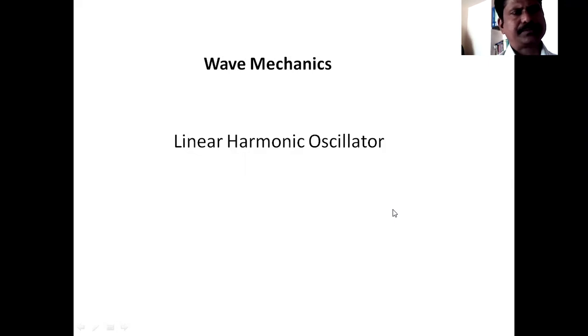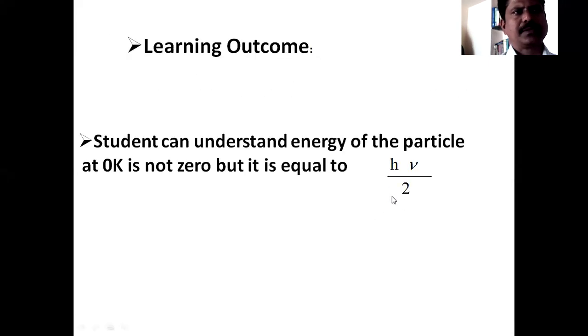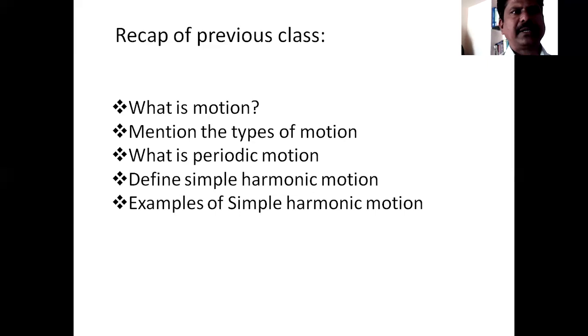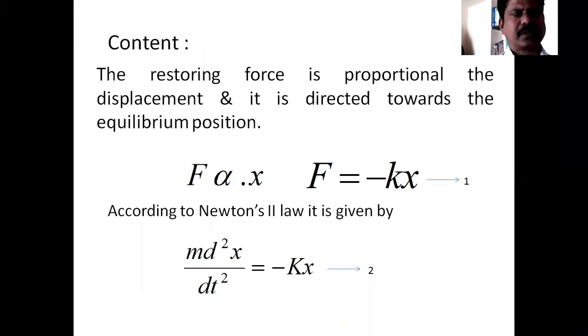We know what a simple harmonic oscillator is. What is the meaning of simple harmonic motion? When a particle executes a simple harmonic motion about a mean position, it is called a harmonic oscillator.